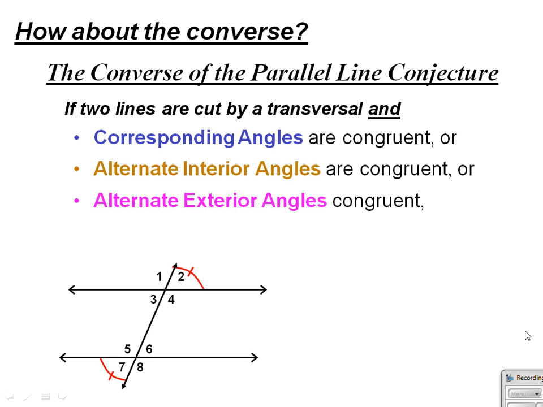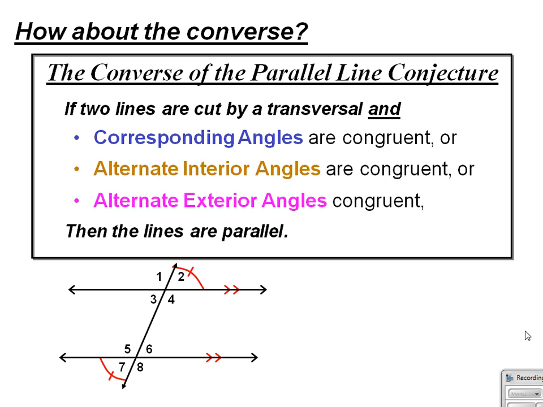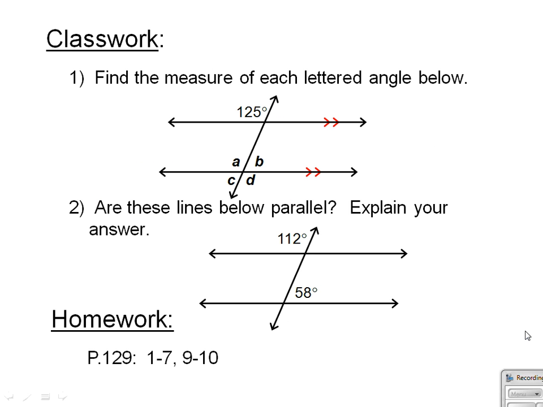If any corresponding angles, alternate interior angles, or alternate exterior angles are congruent, any one pair, therefore we can conclude that the lines are parallel. Now, in the previous lesson, we talked about some converse statements that are actually not true, but some other converse statements are, including this one. Thus concludes today's lesson.